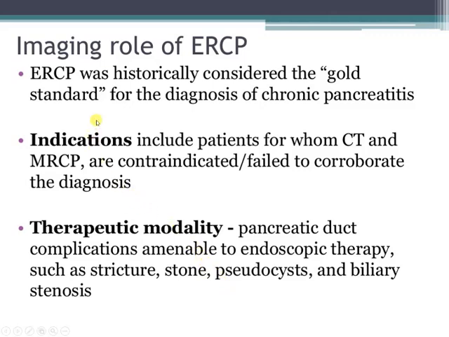ERCP was historically considered the gold standard for the diagnosis of chronic pancreatitis. Indications include patients for whom CT and MRCP are contraindicated or failed to corroborate the diagnosis. Therapeutic modality: pancreatic duct complications amenable to endoscopic therapy, such as stricture, stones, pseudocysts, and biliary stenosis.